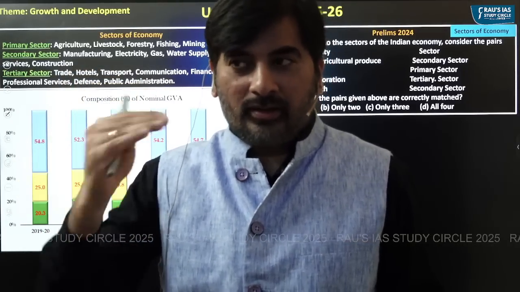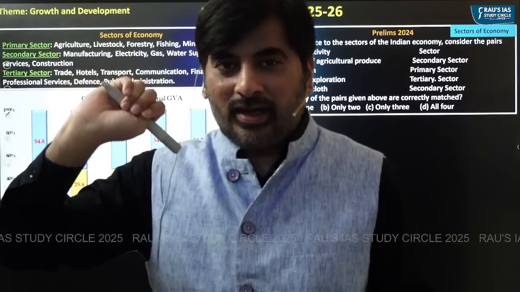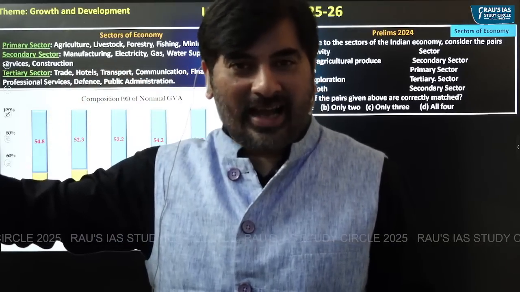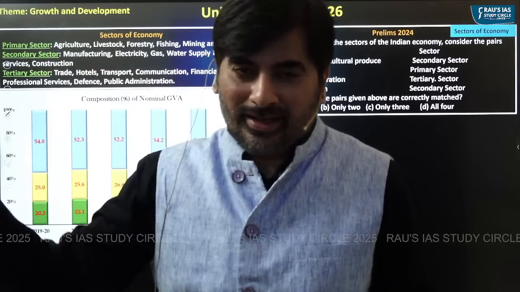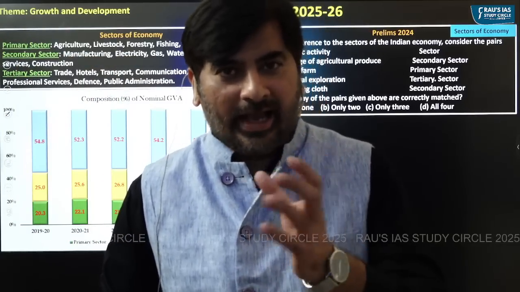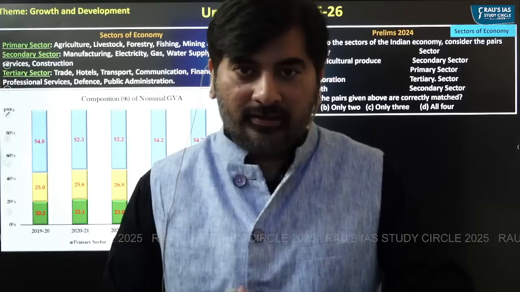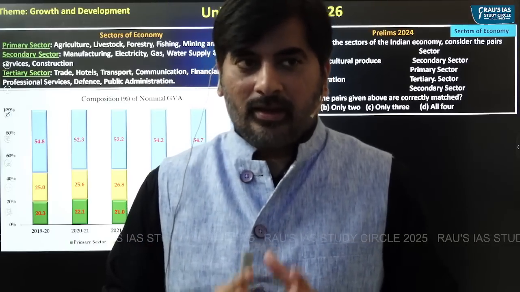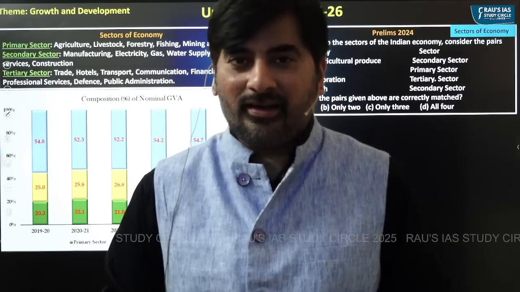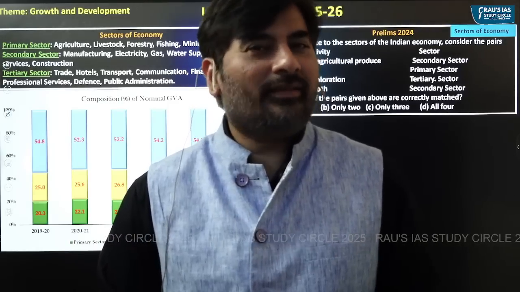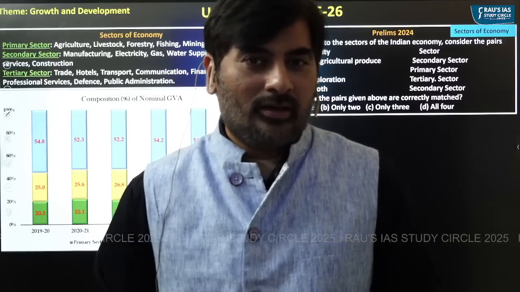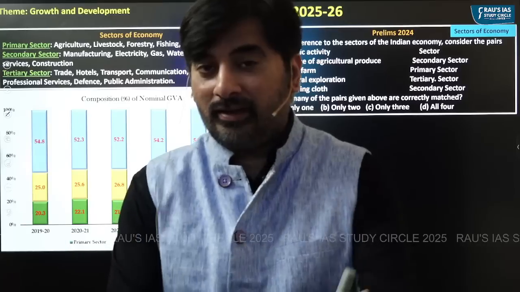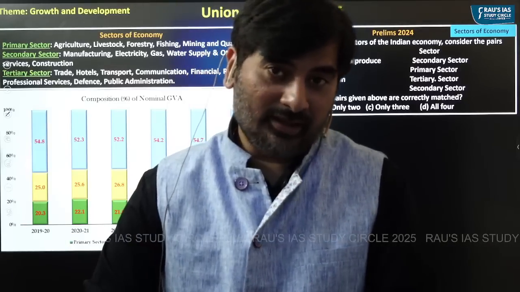Only during COVID was there a slight increase in the share of the agriculture sector, but otherwise it has mostly remained stagnant in the last decade. As far as the manufacturing sector is concerned, its share in India's GVA has once again remained stagnant between 14 to 17% since 1991. So that is the trend in terms of the contribution of the manufacturing sector.